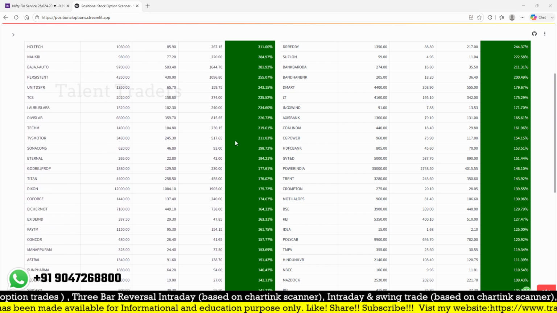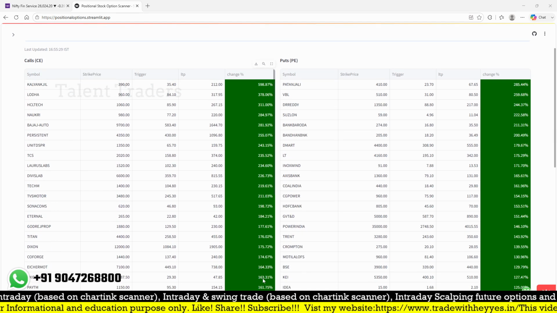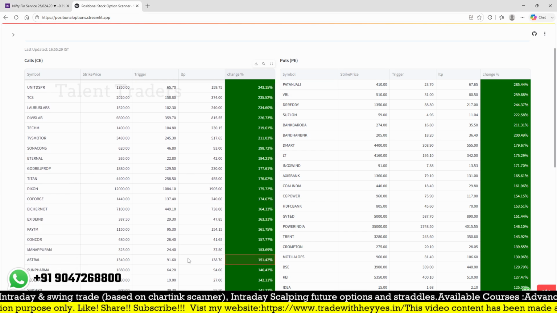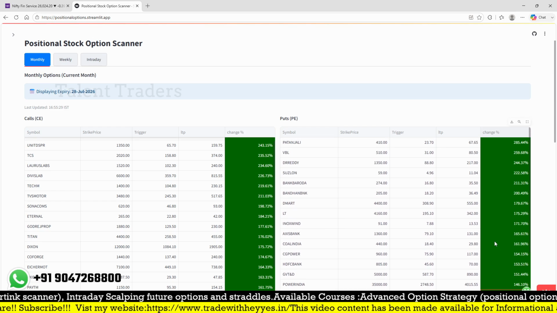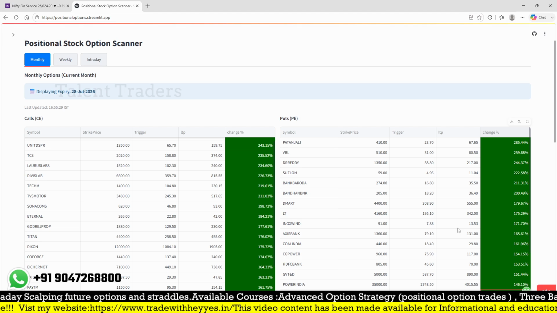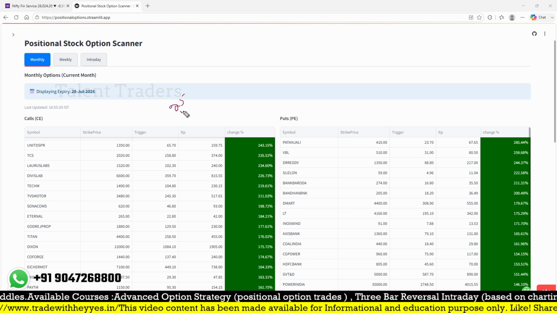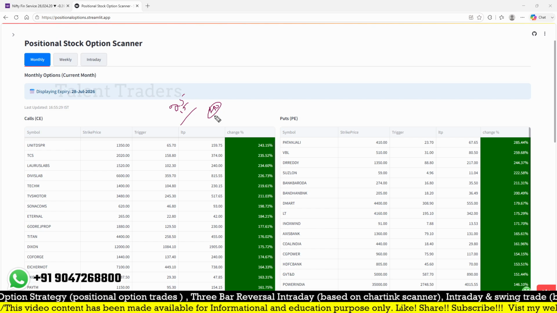We have seen about 20 to 25 stocks where the option value moved more than 50 percent. On the put side we have seen almost 15 to 20 stocks. So on the call side we have 25 plus stocks and on the put side 15 plus, overall 40 stocks giving such a good movement.